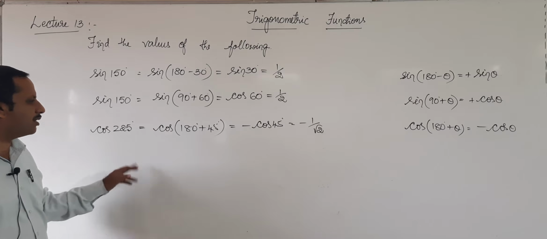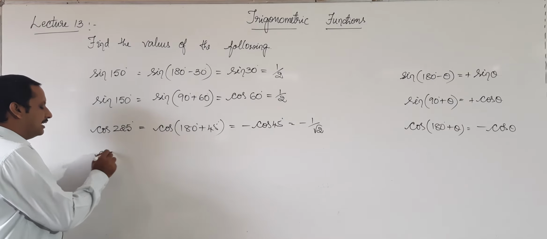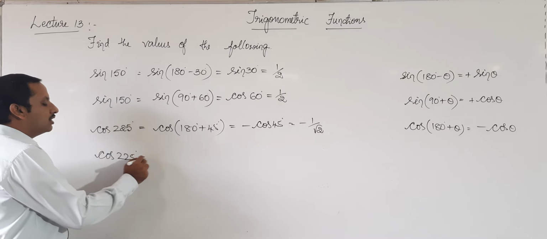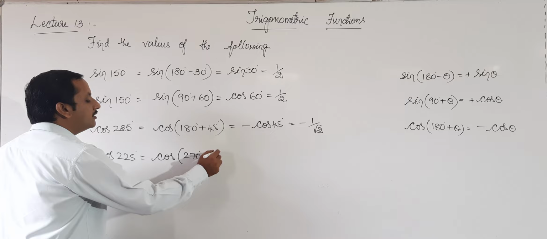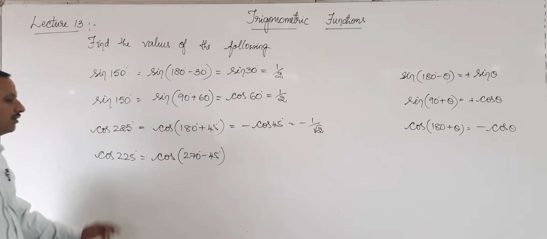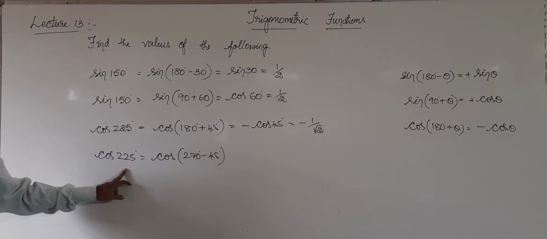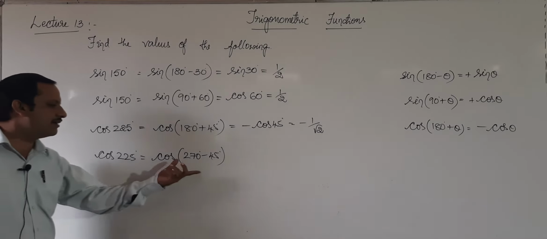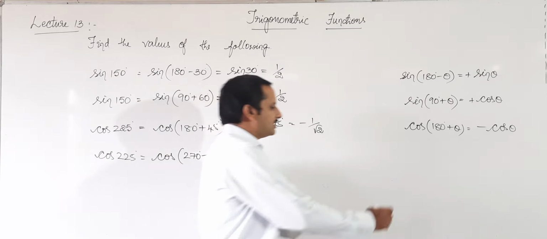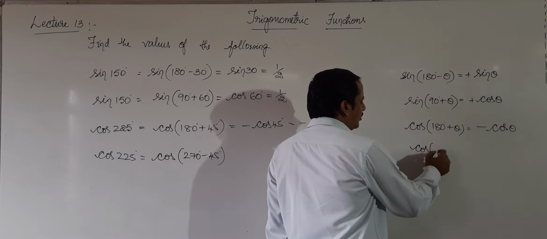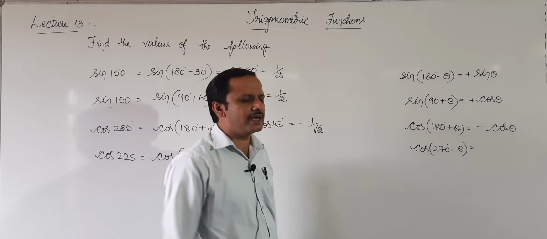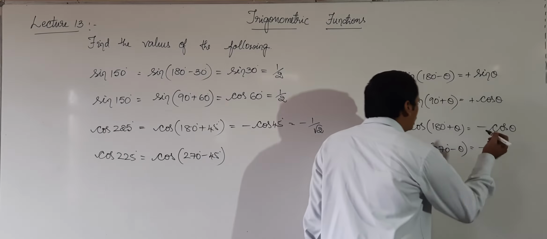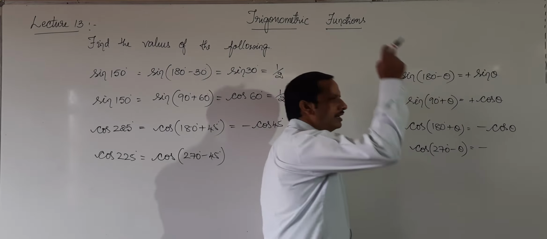Okay. Then the same problem, same angle, this 225 degree, we can also write as 270 minus 45. Can we? 270 minus 45 will also give you 225 degree. Right? So cos(270 minus theta). Now, 270 minus theta lies in the third quadrant. In the third quadrant, cos is negative. 270 means we are using the vertical line.